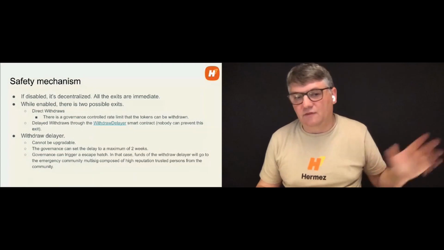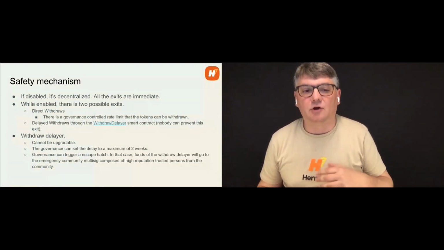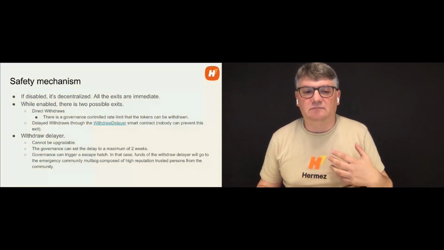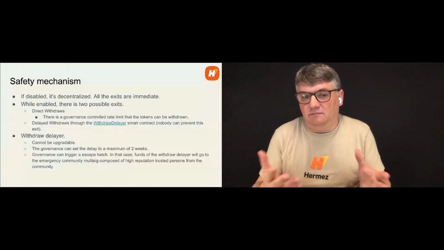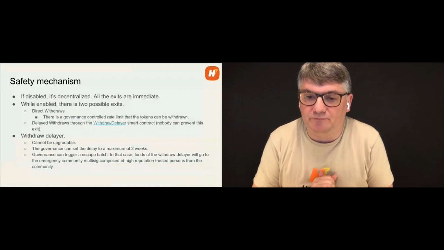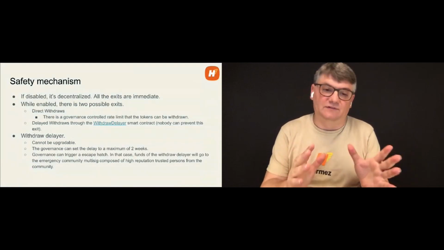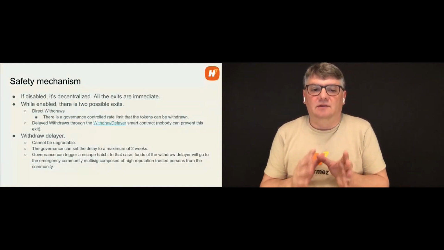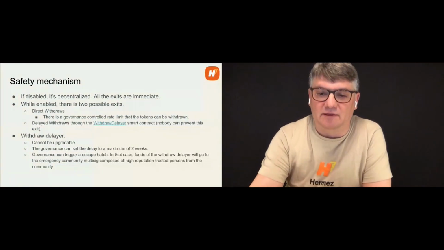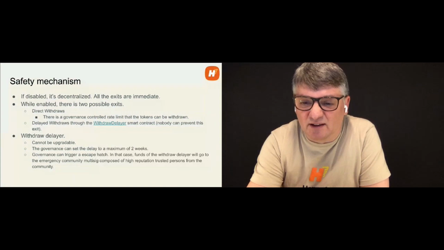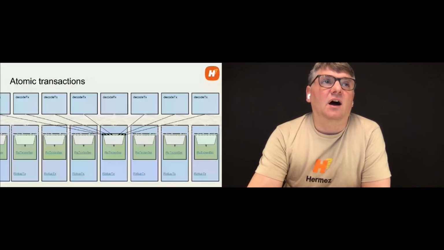The idea is direct withdrawal for everybody, and that's it. We hope we can reach this state of maturity very soon. But we'll see, we need to be comfortable. This is just some safety mechanisms that we want, to be sure that everything works in the right way, especially at the beginning.